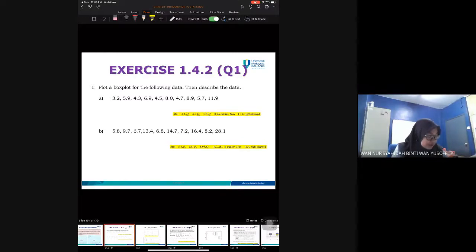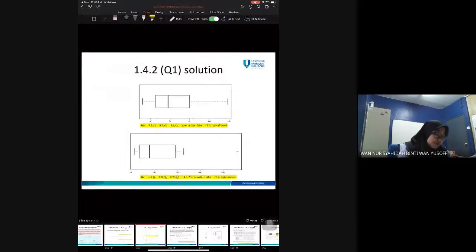So when we have a single box plot on the axis, the answer is here. What is missing here is that you need to label the box plot.